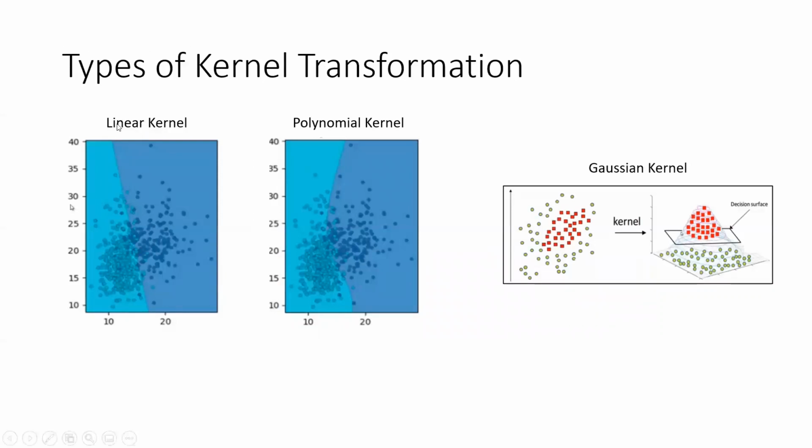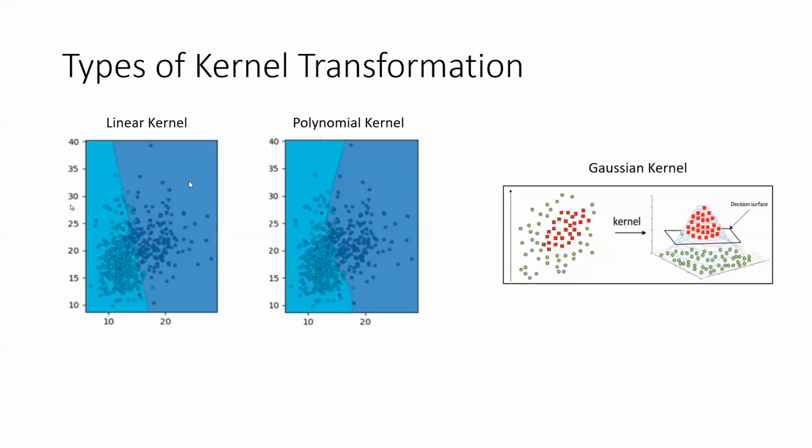One is called the linear kernel, the other the polynomial kernel, and then there is one more called the Gaussian kernel. The linear kernel is nothing but a simple straight line that you draw, the first picture that we have here. This is very similar to the default hyperplane that we come up with, but the disadvantage is that this might not be suitable for very complicated data.